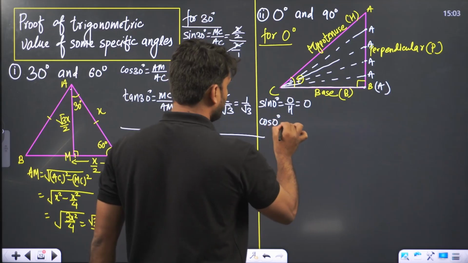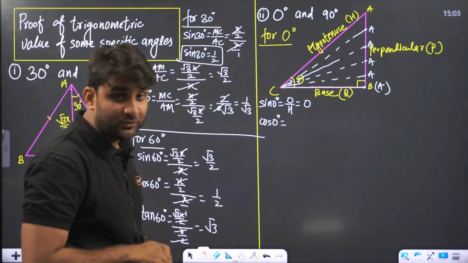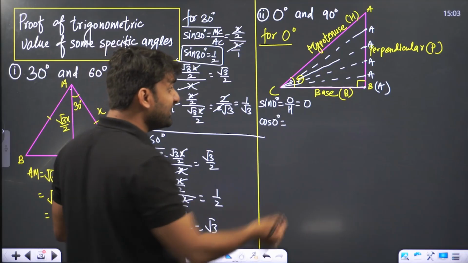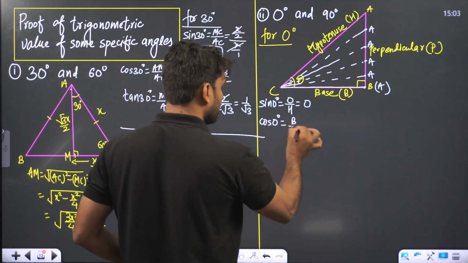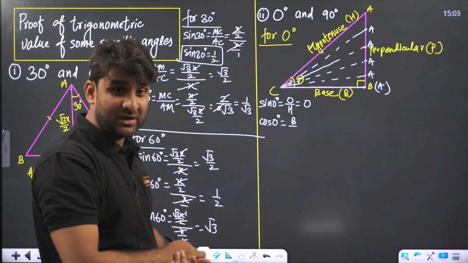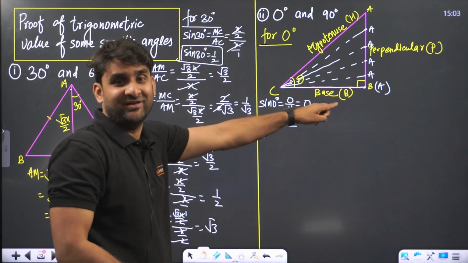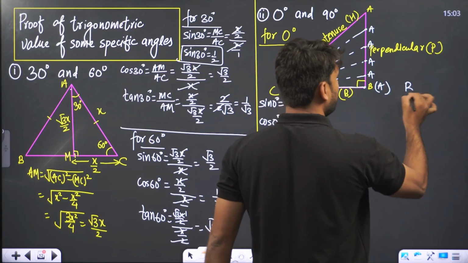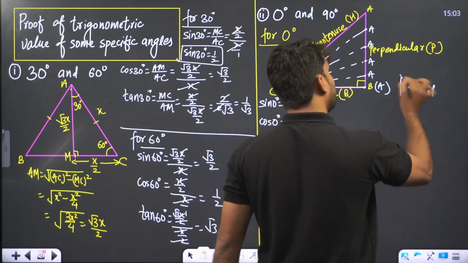Now, cos 0. What is cos? Base by hypotenuse. My dear champion, where is base? Base is there. And hypotenuse is also there. And do you know, base and hypotenuse have both overlapped each other.